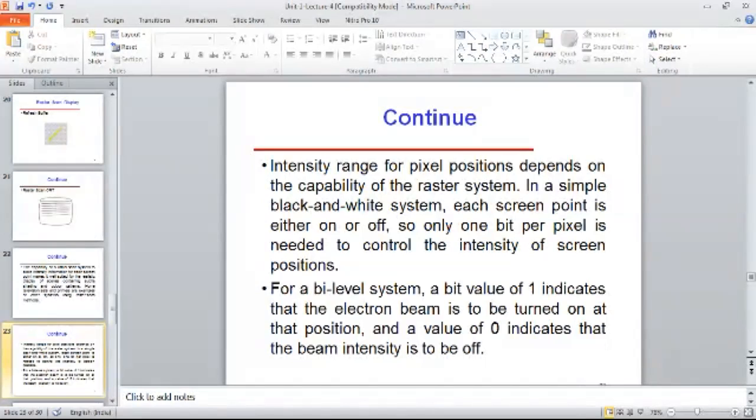So for a bi-level system, a bit value 1 indicates that the electron beam is to be turned on at that position, and 0 indicates beam intensity off. So we use the 0 and 1 system here, and we put a bit value.